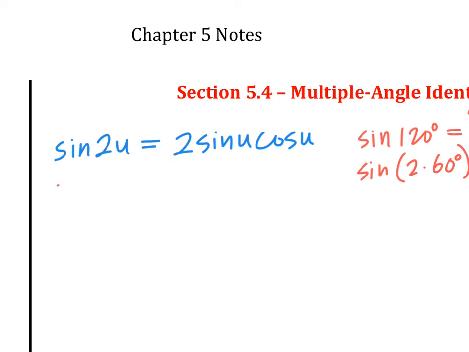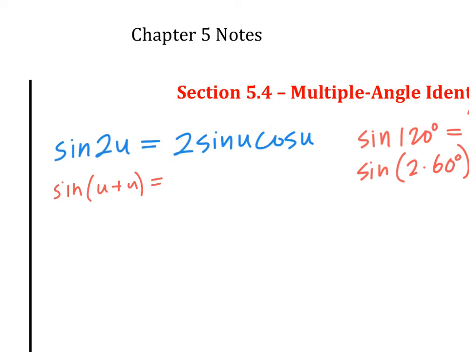So sine 2u is the same thing as saying sine of u plus u, right? U plus u is the same as 2u. So we can just use the sum formula. What is the sine u plus u formula, or sine of sum of 2 angles? Yes, sine, cosine, cosine, sine.